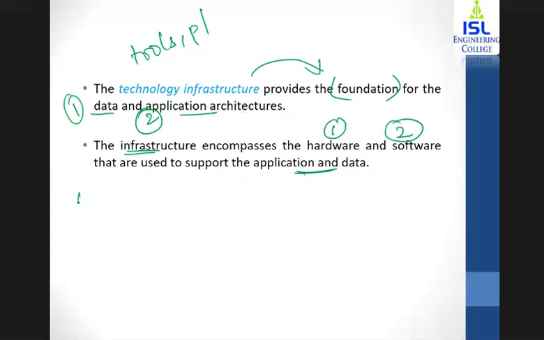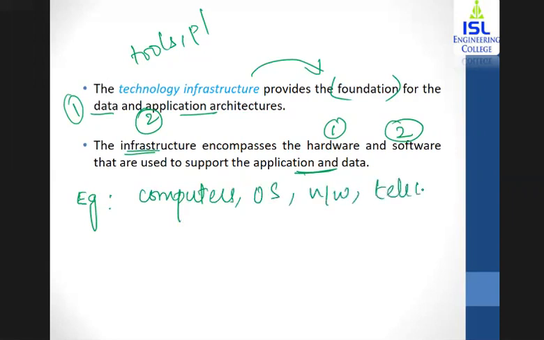Now, let's see a few examples of technology infrastructure. Examples can include computers, operating systems, networks, telecommunication links, and how you're going to store the data: the storage technologies, the database, the data warehouse.